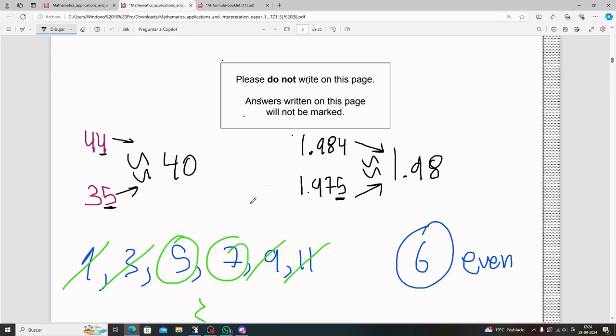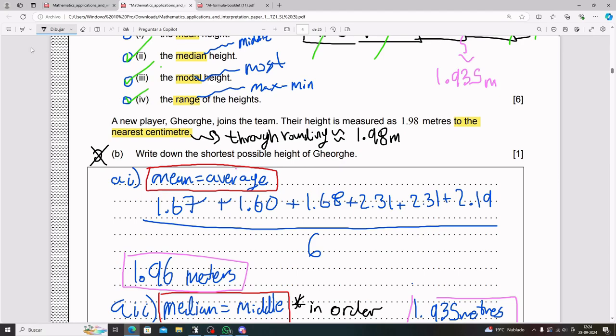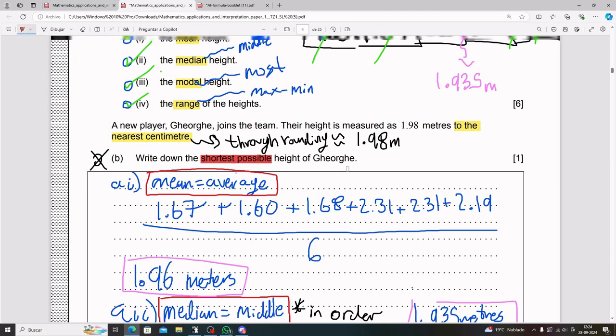So this is for the lower bound, if you want to think of it this way, the lower end, and this is for the upper bound, upper end. See? That does not look like the word upper. Let me try again. There you go. And so that being said, for part B, we need to write down the shortest possible height for George.